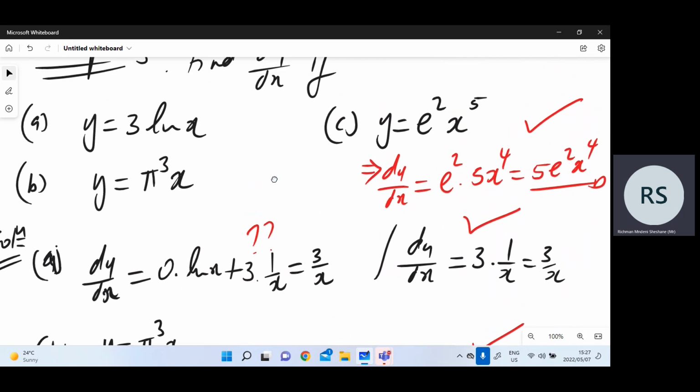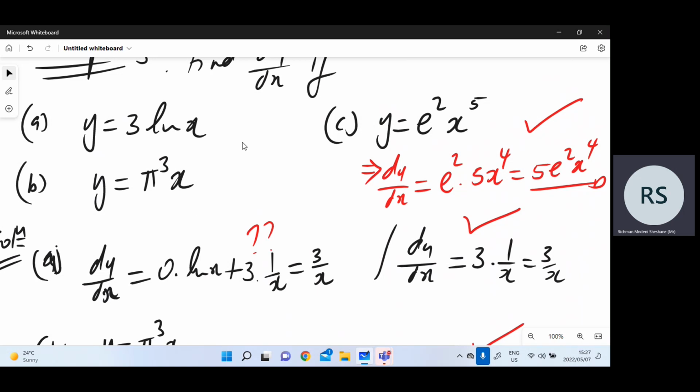So I'm deriving A. A is y equal to 3 ln x. When I was deriving A, I see the product 3 times ln x. So what I did here, I just applied the product rule.